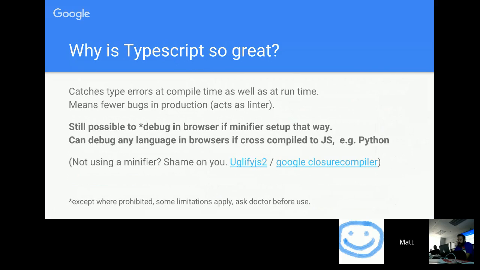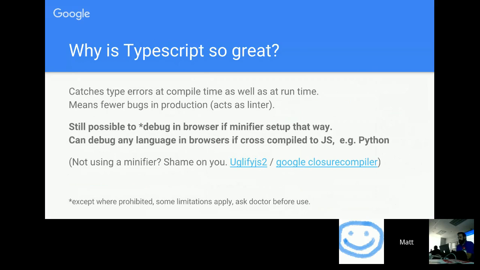If you use a minifier, which I think the method that I'm going to show you today does, you can still debug TypeScript in the browser. Source map, yeah, it's using a source map to show you the currently executing step in TypeScript, even though it's actually running JavaScript underneath, and then you can actually step through the code as well.